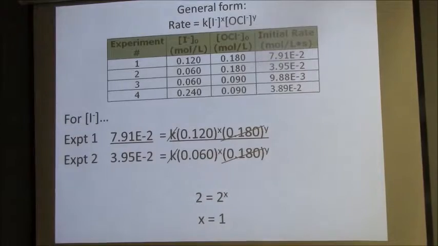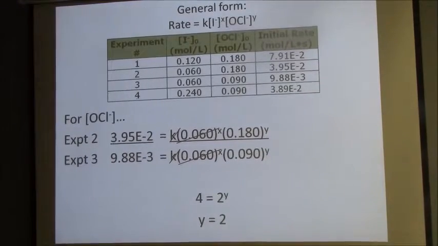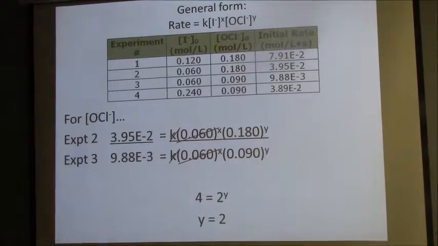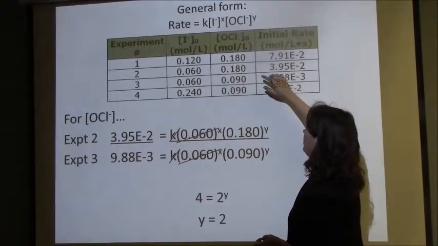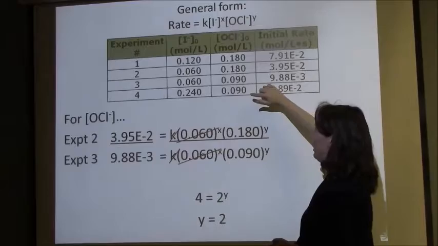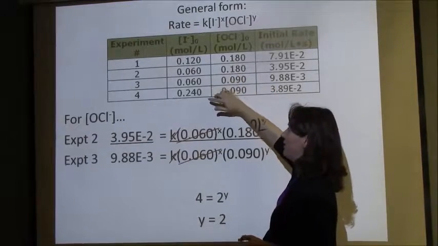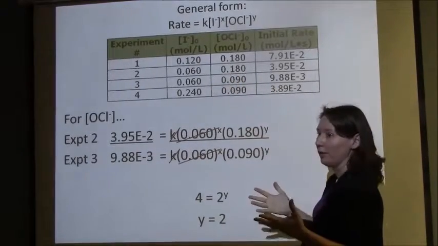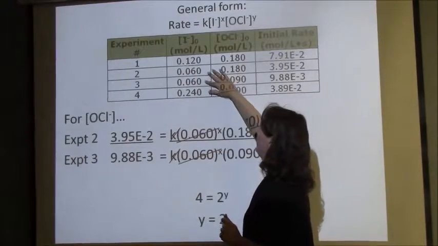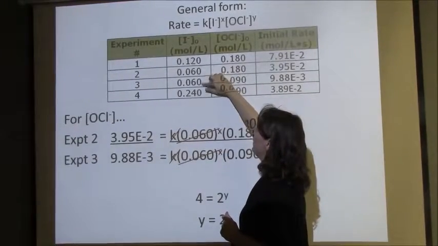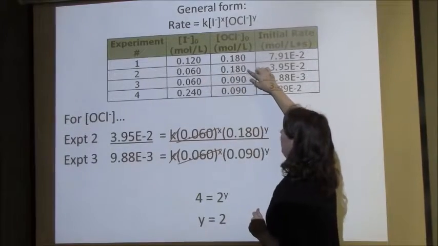We're going to do the exact same procedure to figure out the value for y. This time I'm picking a pair where I want the amount of OCl⁻ to change and the amount of I⁻ to stay constant. Okay, because you want one of them to cancel out every time. So I picked experiments 2 and 3. Okay, so 0.06 and 0.06, 0.09 and 0.18.